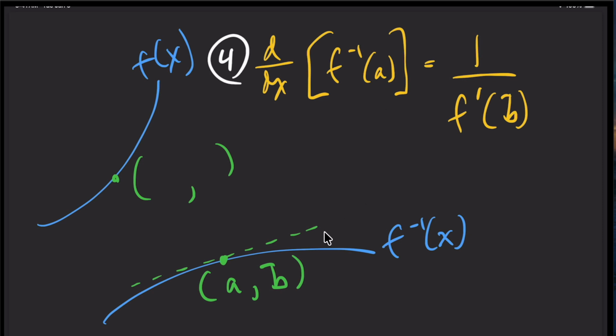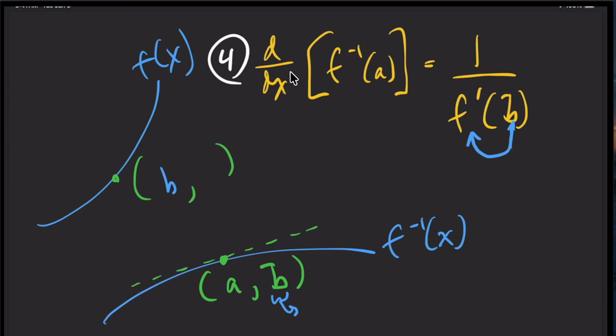Now, the output of the inverse function is B. So what are we doing? We're taking the output of the inverse function at that point A, that input A on the inverse function. We're taking that output, and what are we doing with it? We're plugging it into f prime. And whatever we get is in the denominator of our answer.